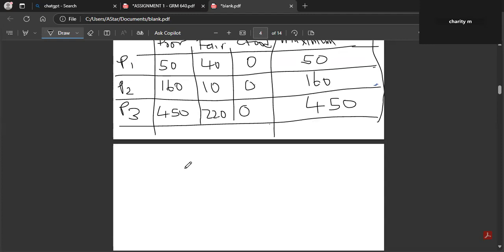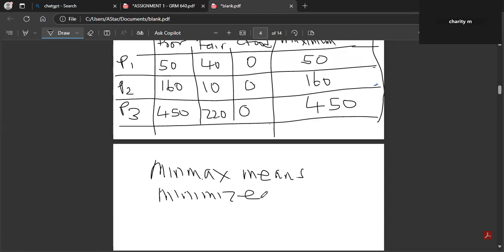So here, minimax means minimize the maximum value of alternatives.